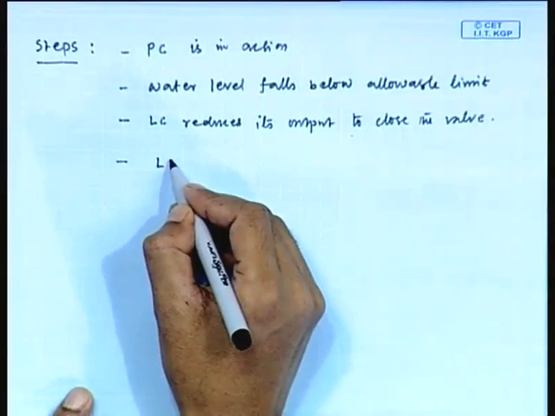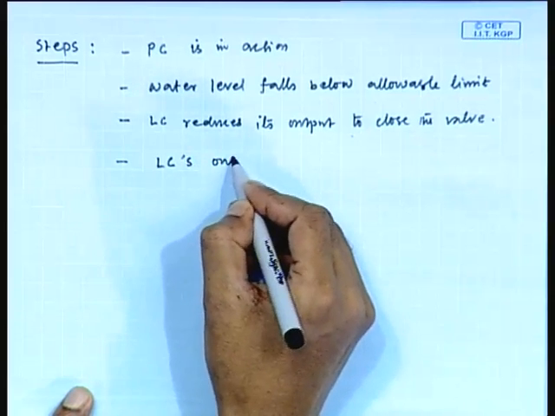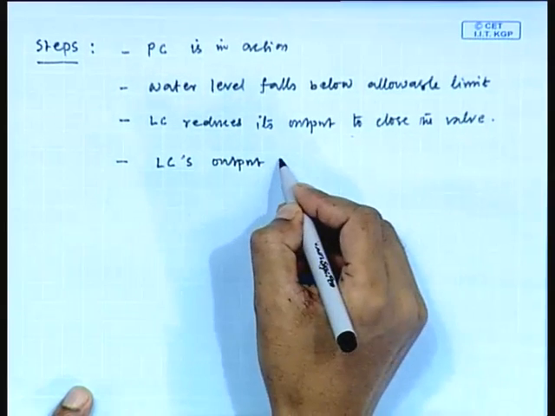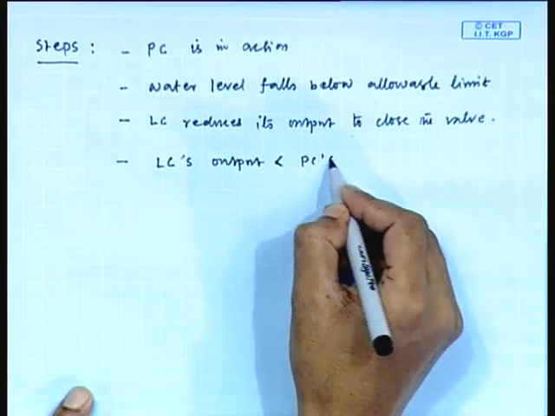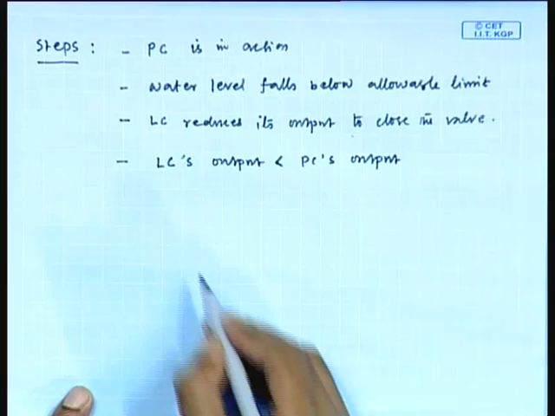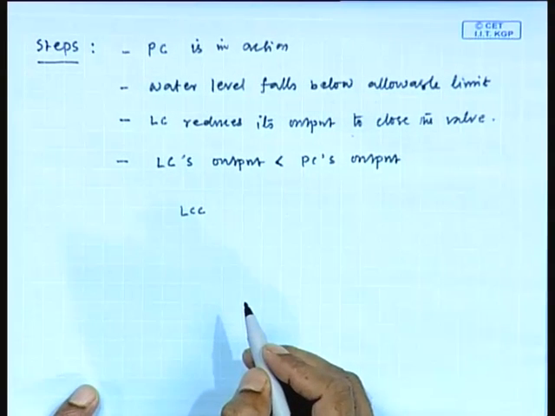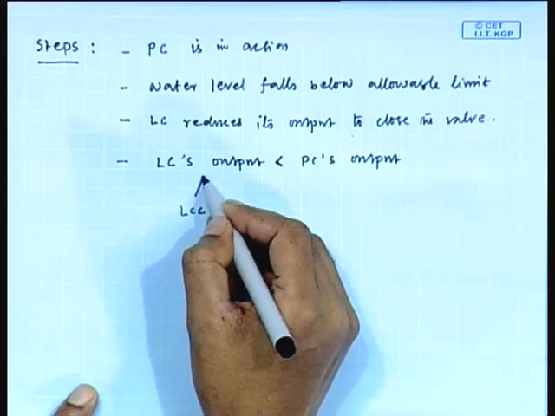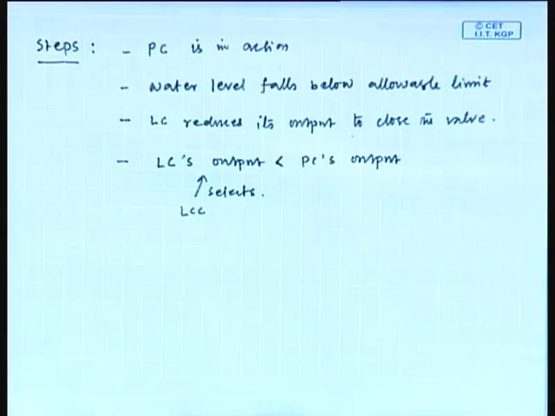This is a very important point. If the level controller output falls below the pressure controller's output, then LSS selects the lower value. LSS selects the level controller's output.